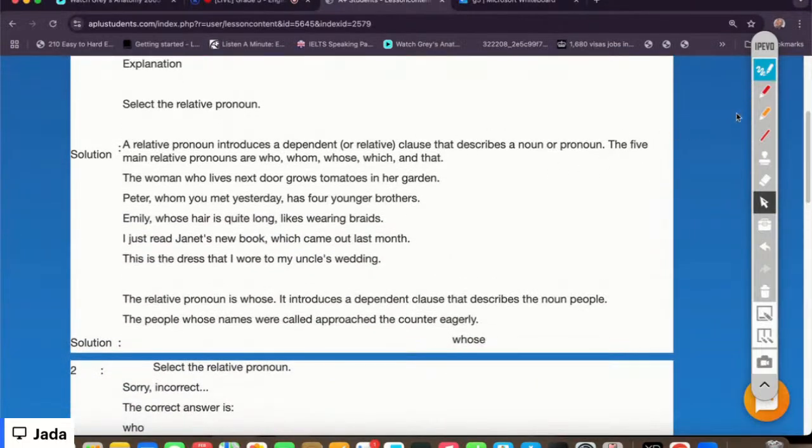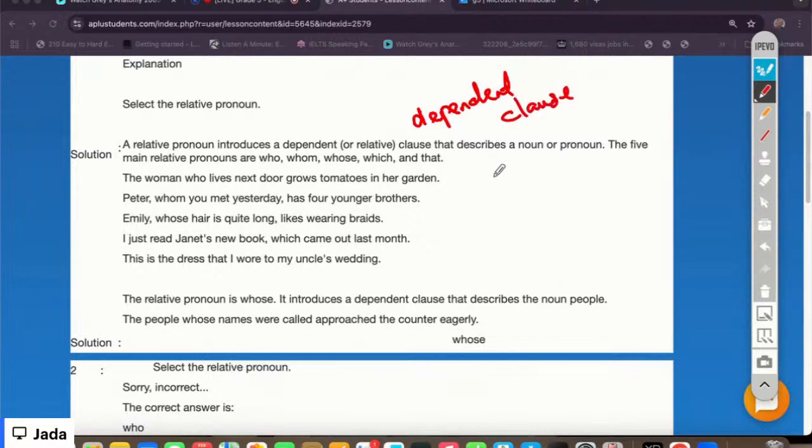All right, so first we have to note that a relative pronoun introduces a dependent or relative clause. So it's introducing a dependent clause that describes the noun or pronoun.